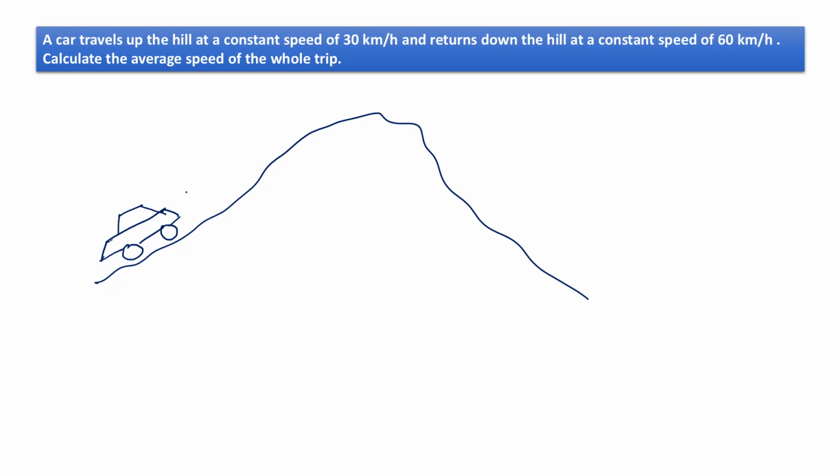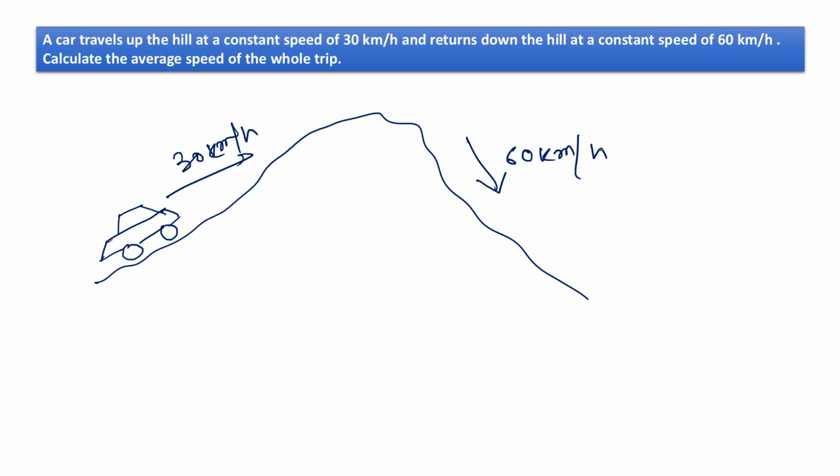So this is the car that travels up the hill at a constant speed of 30 km per hour, and it is coming down the hill with a speed of 60 km per hour, right?